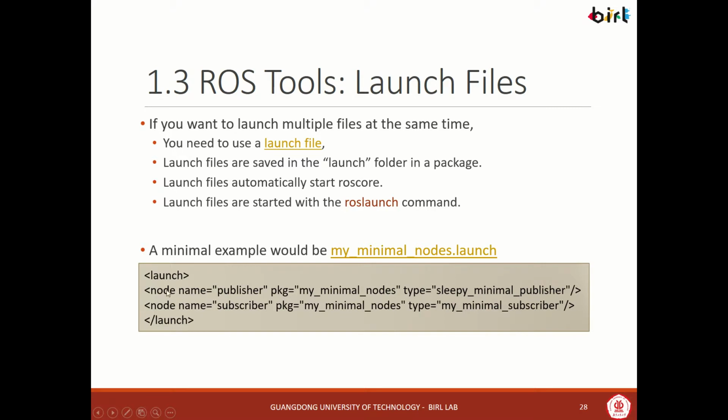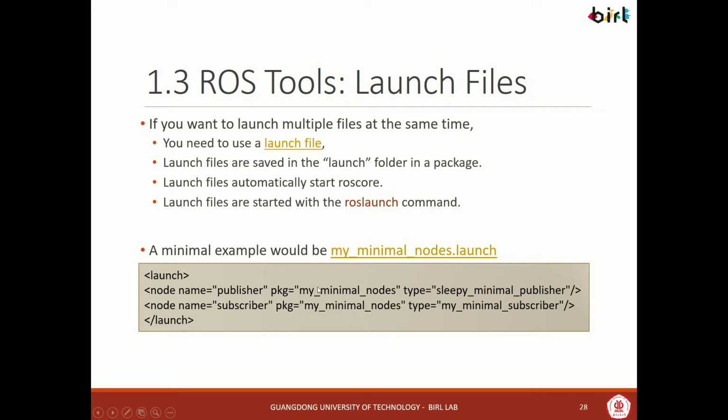We want to run two nodes, the publisher and the subscriber. Now, in this element, we can say node as a keyword, and we need to provide three things: the name of the node for the graph, the package name, and the executable name. Okay, so let me clarify these for a second.